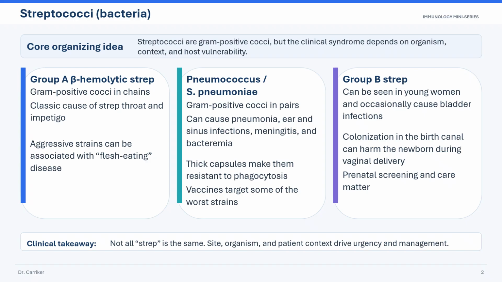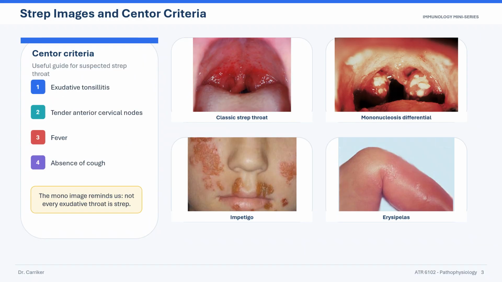So our core organizing idea here is really understanding that streptococci are gram stain positive, and the clinical syndrome depends on the organism, the context, and the host variability, which is why the staining and the swab is so critically important for identification. So this is a very practical slide because in suspected strep throat, we use what's called the Centor criteria. And this is useful as a clinical guide.